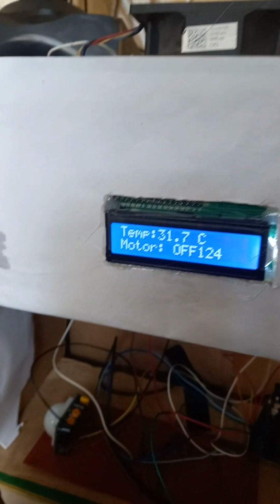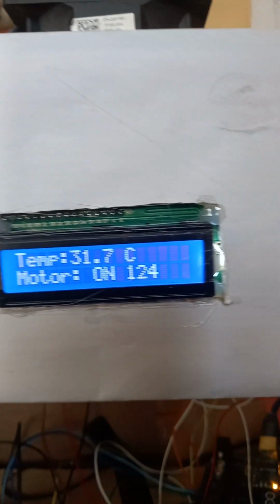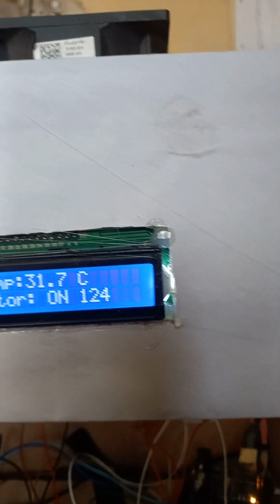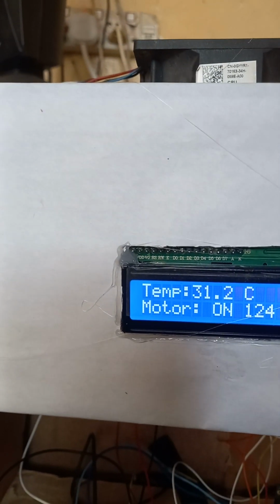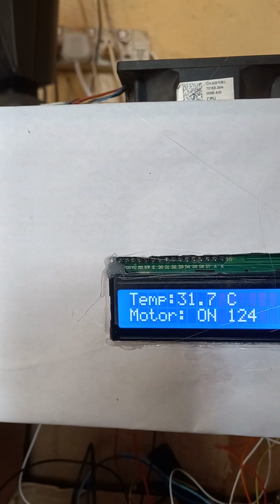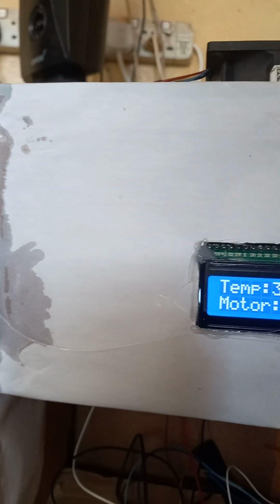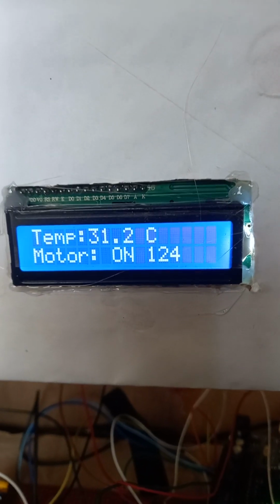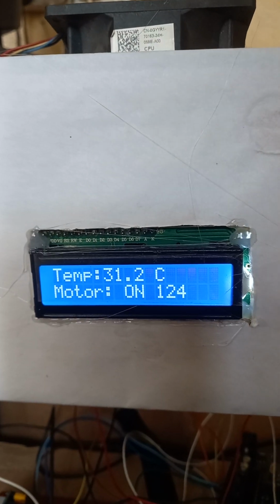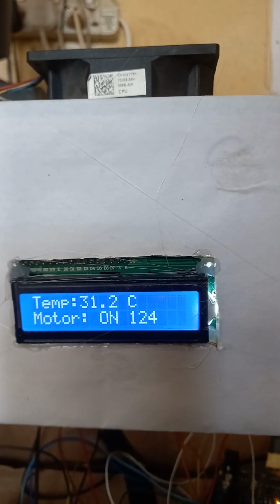Now I'm going to place my hand here to turn the motor on. Our motor is on now, and this is our light source.